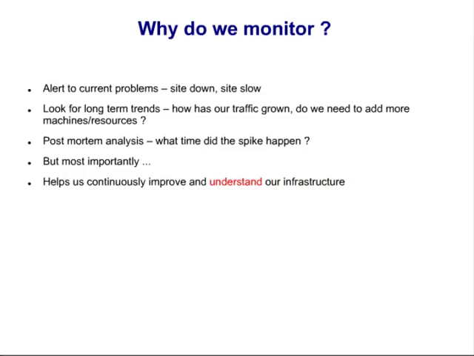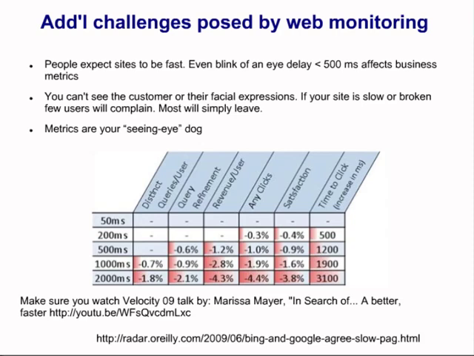Some additional challenges posed by web monitoring are that people expect sites to be fast, and I would strongly urge everybody to watch the link to a Velocity 2009 talk by Marissa Mayer, which is a great talk on how Google did a lot of testing to see how page performance affects the number of searches, and there were some really stark results.